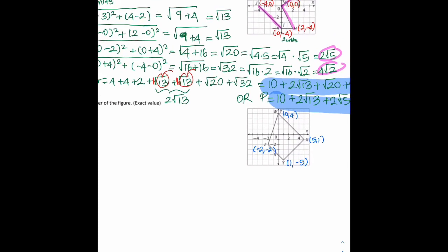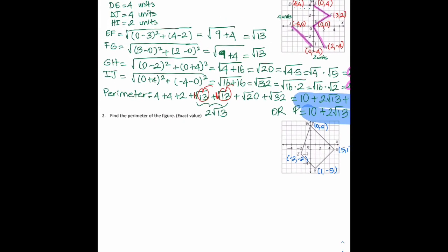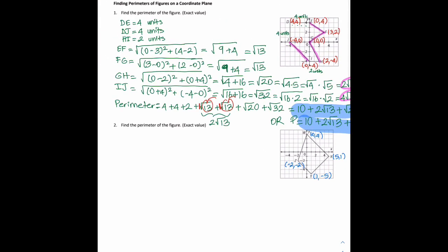It seems we don't have any vertical or horizontal line segments, so we have to find each side length using the distance formula. Let's start with the length of segment WX.